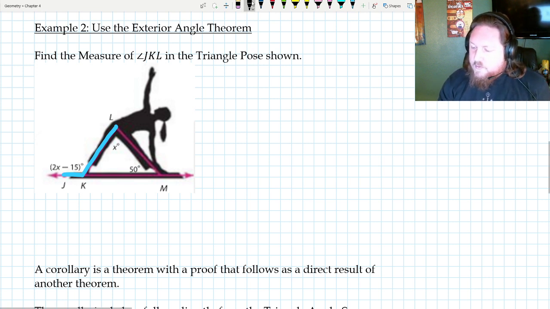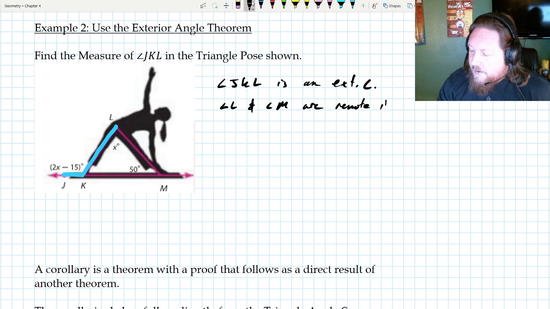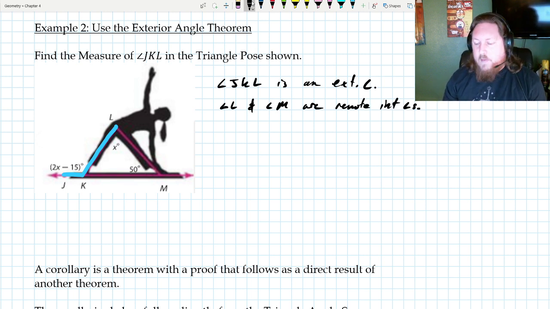So what we're going to do is here, angle JKL is an exterior angle. Angle L and angle M are remote interior angles in relationship to JKL.